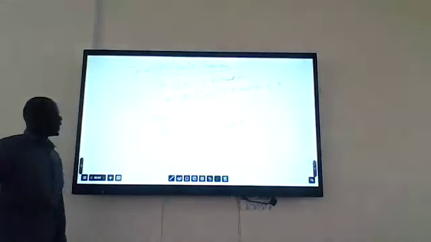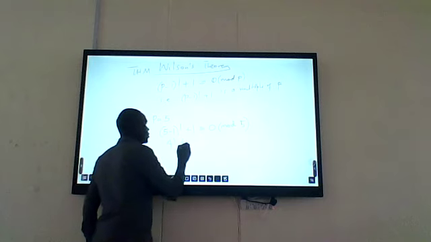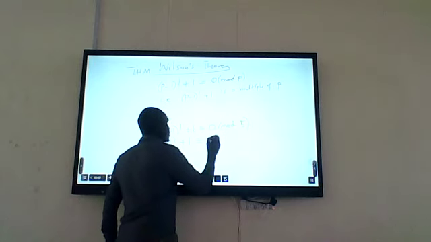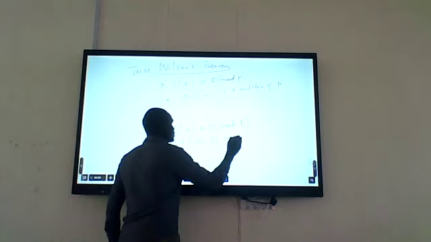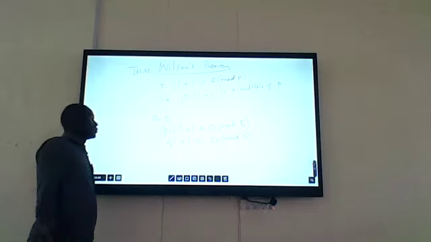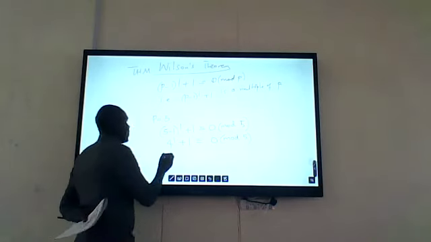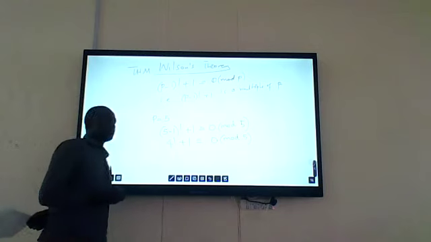So 5 minus 1 is 4. We'll have 4 factorial plus 1 is congruent to 0 mod 5. Then, what is 4 factorial?